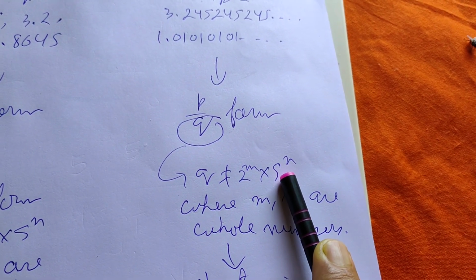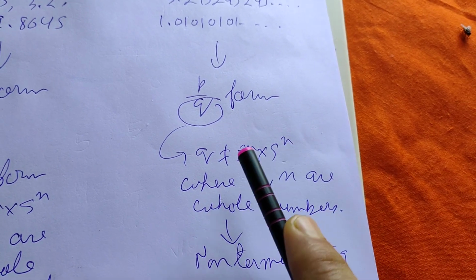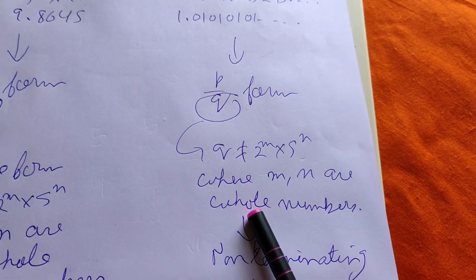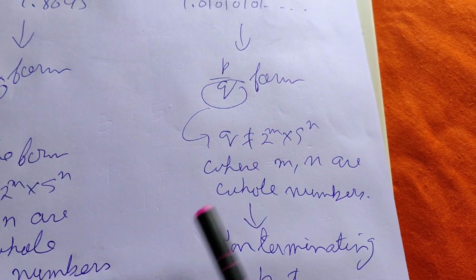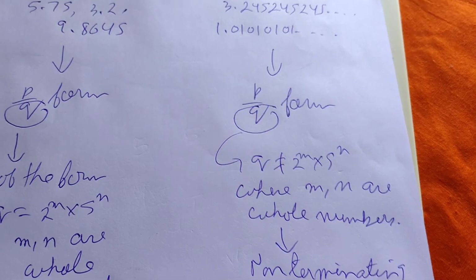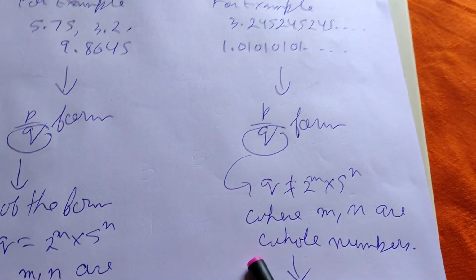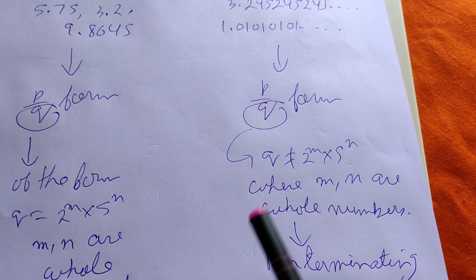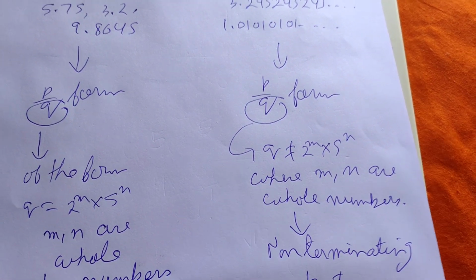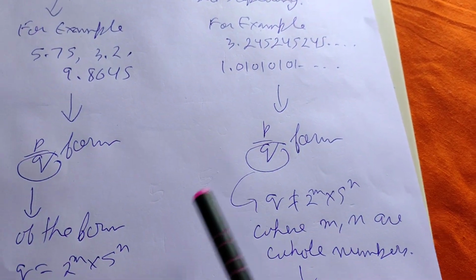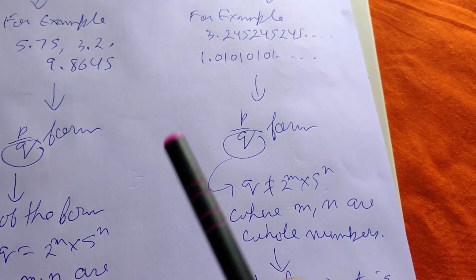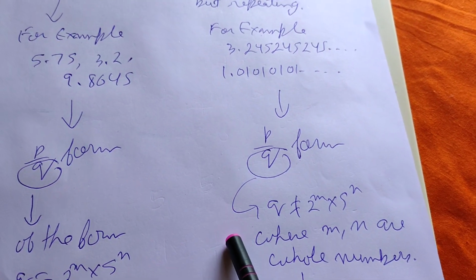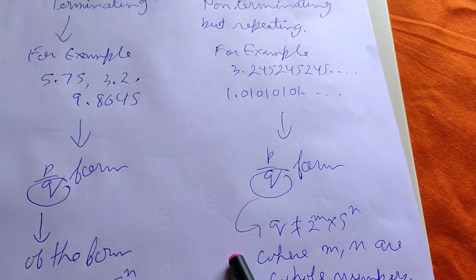Then in that case the decimal expansion will be non-terminating and repeating. So whenever any rational number is given of the form p by q, and when you factorize the denominator, and it contains the prime numbers 2 and 5 and any other number other than 2 and 5, or it does not contain 2 and 5, but if there is any other prime factor other than 2 and 5, then definitely it is non-terminating but repeating.